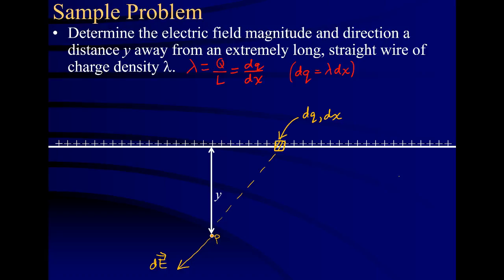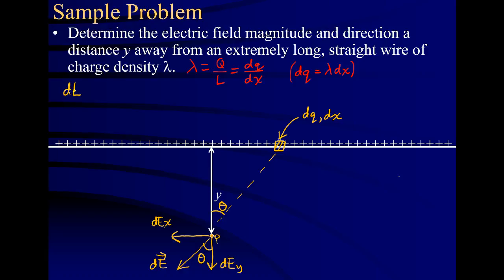Now we have to realize that this dE has components, and we would call that dEy and dEx. And what we can do is we can label an angle here theta, which is also this angle theta. And we can realize that the only thing that's going to contribute to the field is dEy.